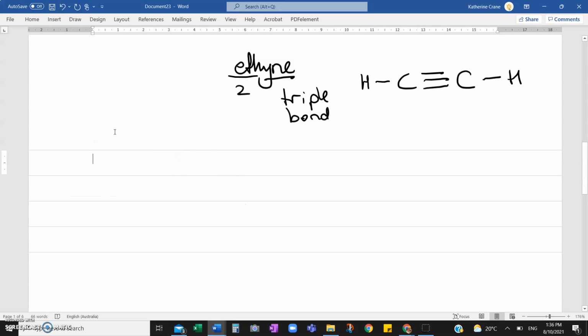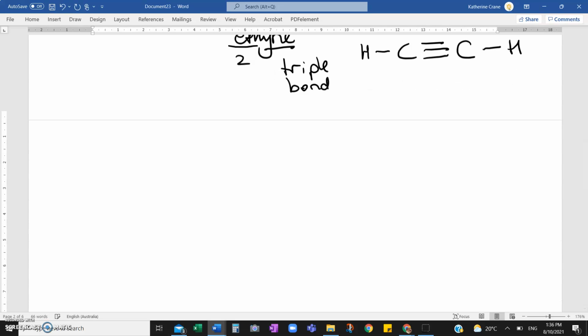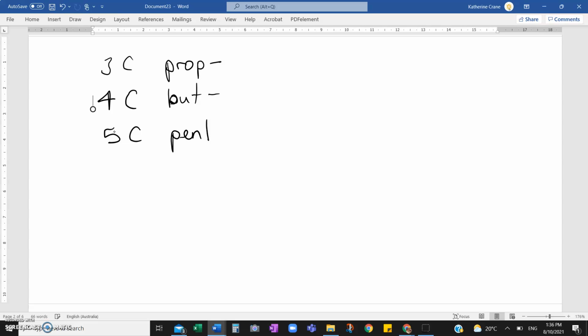So we had meth, we have 3 carbons is prop. 4 carbons is but, not butane. Okay, but, so there's no butanol or anything like that, sadly. 5 carbons is pent, and now we're going into stuff that you should be familiar with.